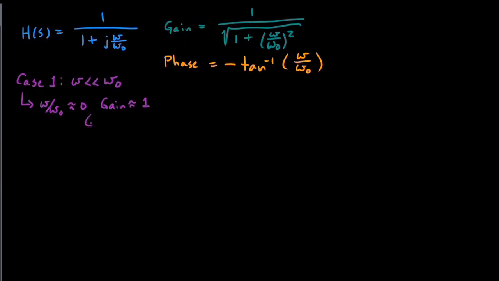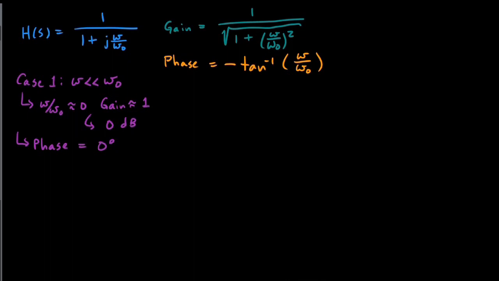And we know that that is 0 dB. All right, and the phase, what we're going to have there is negative arctangent of something that's close to 0. Well, the arctangent of 0 is 0, so we have negative 0. So the phase is going to be close to 0 degrees for low frequency.